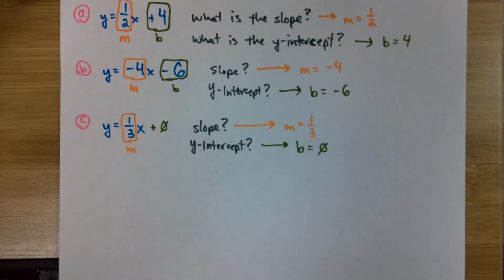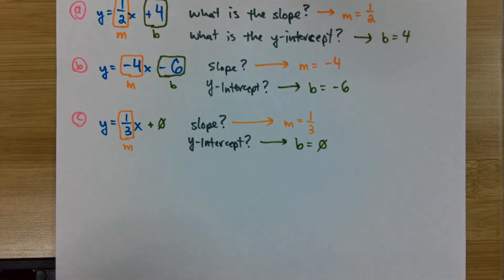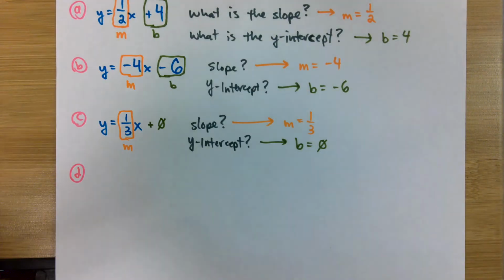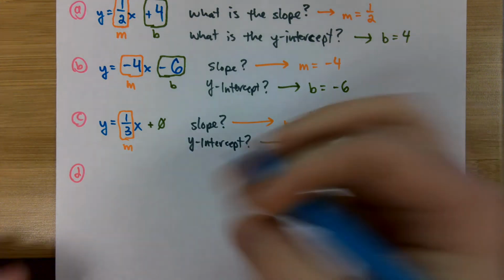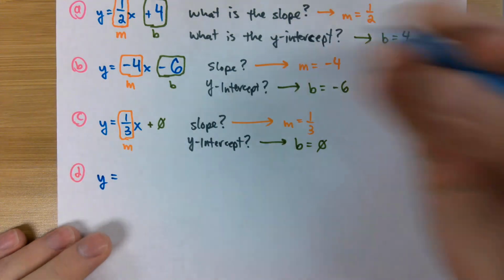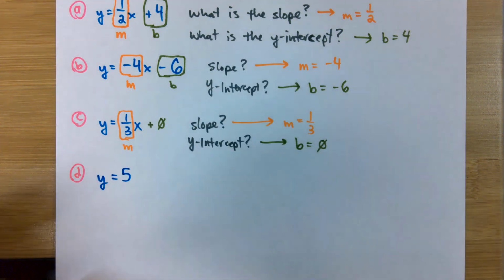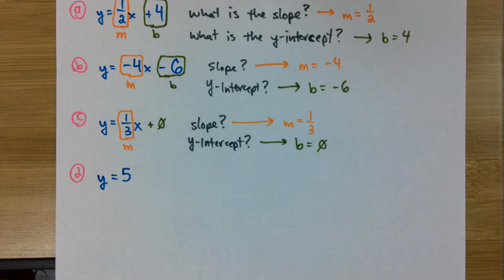And I just thought of another good example, so let's talk about this one real quick. Fourth equation is y equals 5.